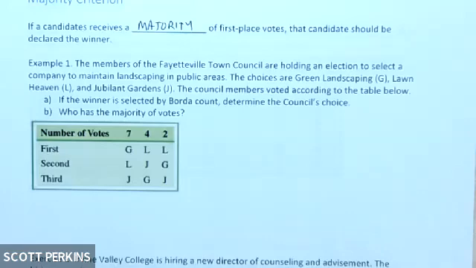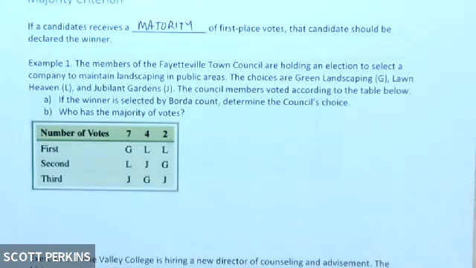We're going to do 2 things. First, determine the winner by the Borda count method. Then we'll look at whether that agrees with who got the majority of votes. If no one got a majority, then the majority criterion doesn't even apply. But if somebody did get a majority, then hopefully these 2 things align.